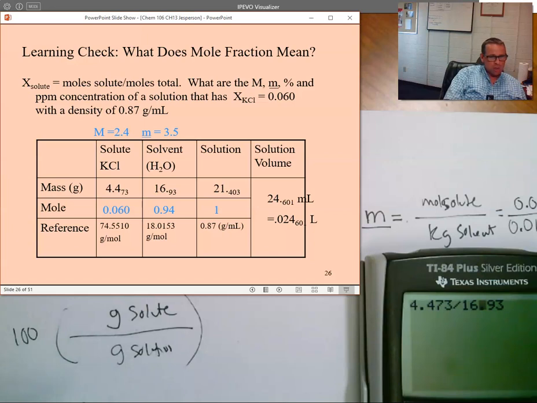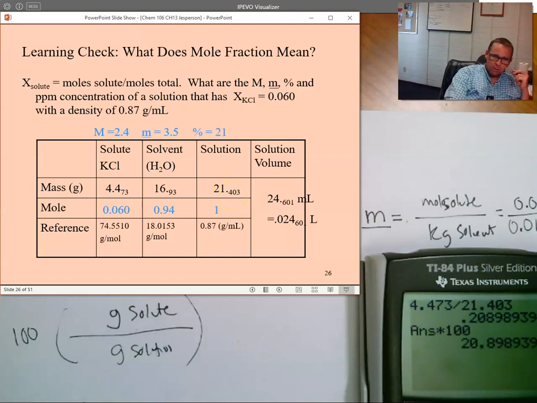This is grams of solvent, though, right? We want grams of solute divided by grams of solution. I might have said solvent, but we want grams of solution. All right, so divided by 21.403. Is that it? Okay, 20.8%. Yeah, times 100. Very good. 20.8 or 21%.